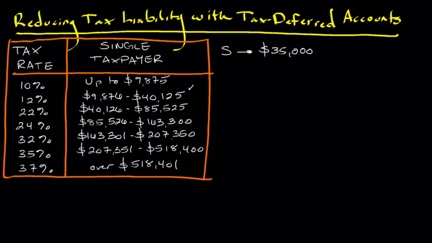So all we need to do is some basic multiplication in addition to figure out what our tax liability is. For the first band, we know that we're going to be paying 10% of $9,875. So that is simply $987.50. Pretty easy there. Now the second one is a little bit more difficult because we don't earn exactly $40,125. We earn a little bit less than that.